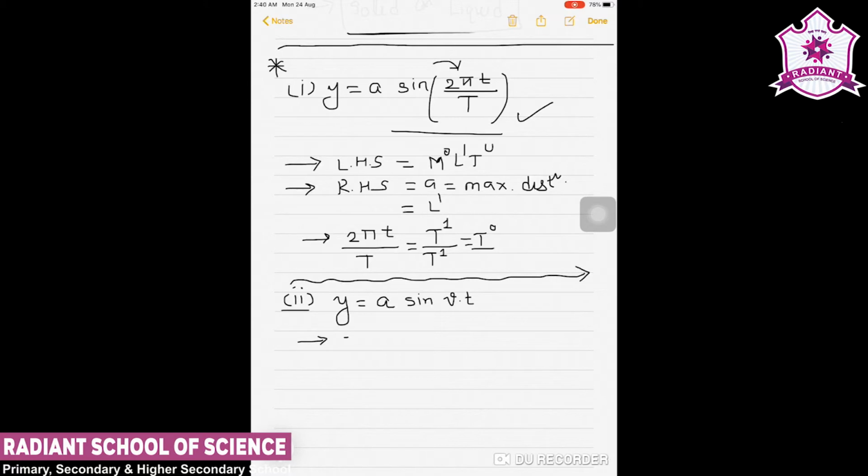The dimension of v into dimension of t should be 0, it must be 0, but here we find whether it is 0 or not. So it is M0 L1 T^-1 into T1, so ultimately it has dimension M0 L1 T0.